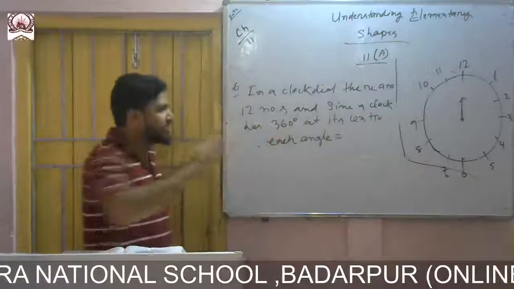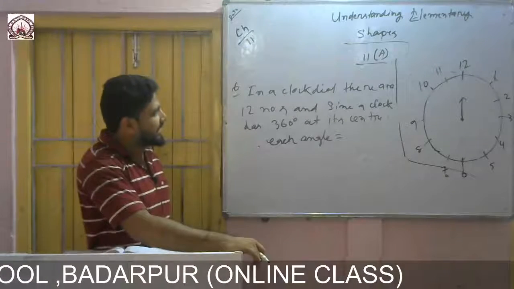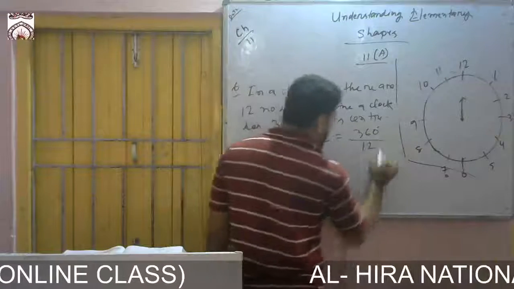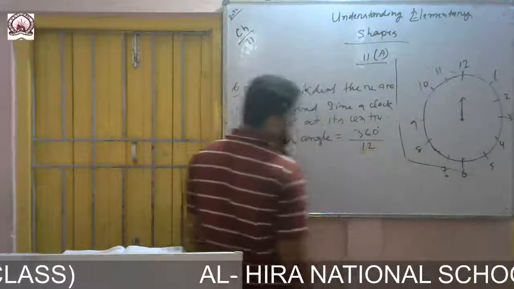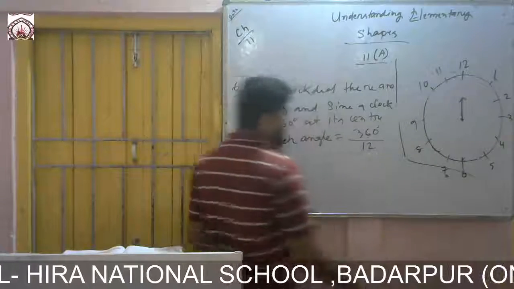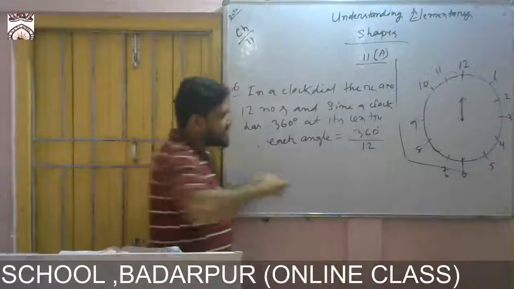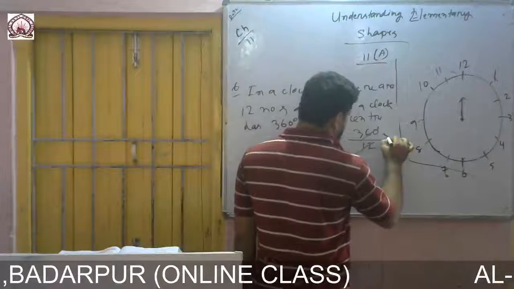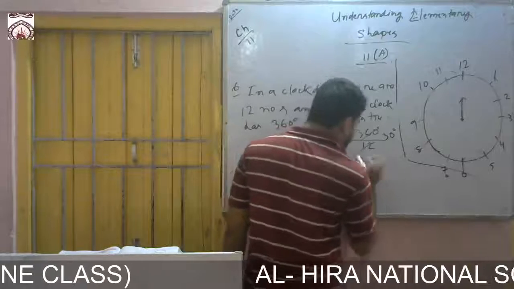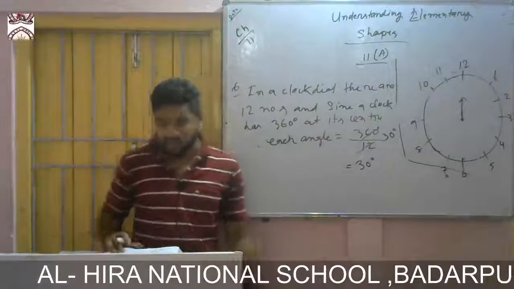That means from one second to the other, each angle, if I divide the total 360 by 12 numbers, then I will get each angle. 3 twelves are 36 and 0, so it is 30 degrees. That means from one second mark to another, it is 30 degrees.